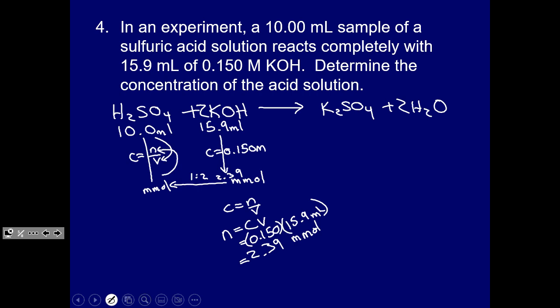You'll notice that number that's in your calculator, we just keep manipulating it. Divide by 2. I can't do that in my head. 1.15. Divide the 9 in half. 1.19, 1.18. What is it? 1.19. 1.19 millimoles.